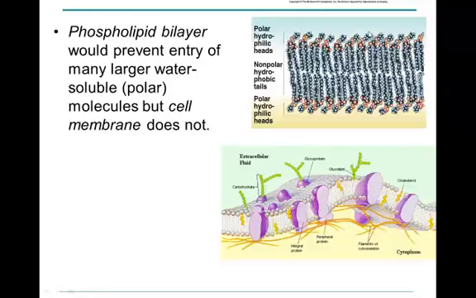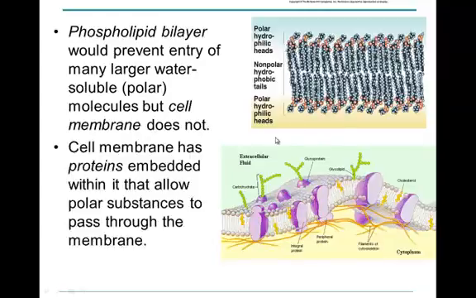Such a molecule might not be able to get into a cell if the membrane were composed only of a phospholipid bilayer. But in fact, such molecules do enter cells, and it's because the structure is more complex than just the phospholipid bilayer. In addition to the phospholipids, there are also proteins embedded.